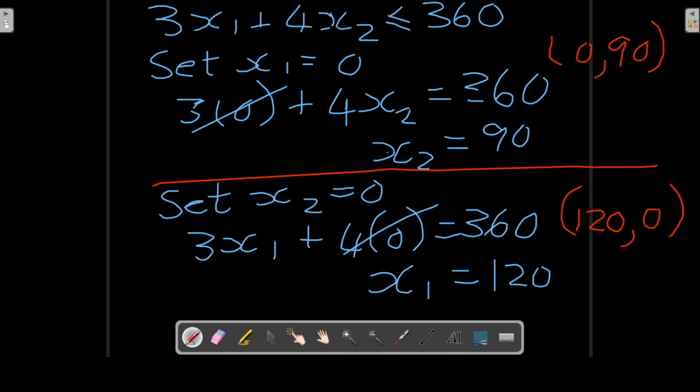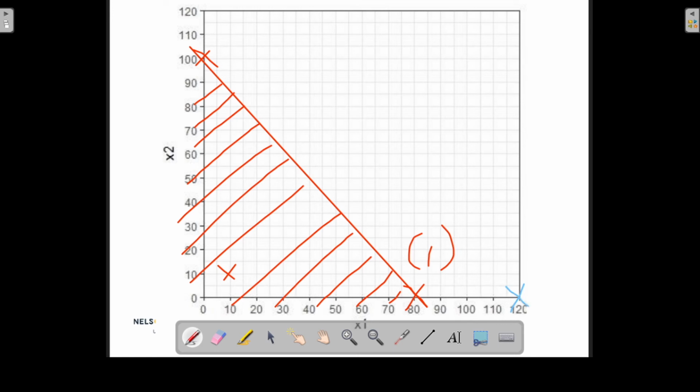So we can plot this now on our graph. And this is now constraint 2. Again, you can check whether it's below or above the line. You can go and check that. In this case, it's also below the line.